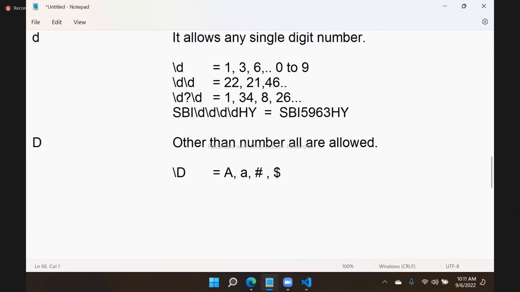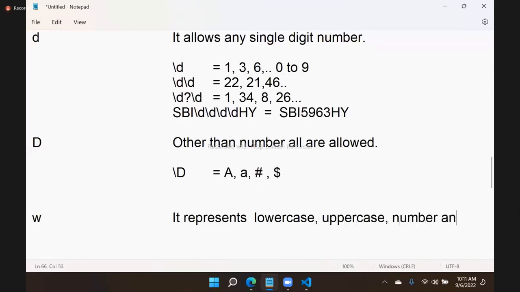Another, we have \w. This represents lowercase alphabet, uppercase alphabet, number, and underscore.